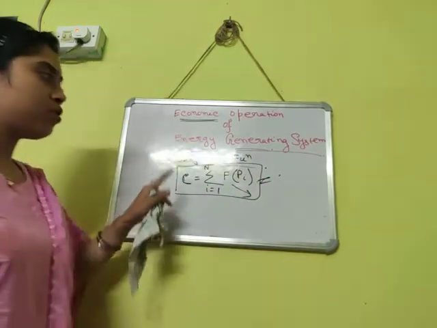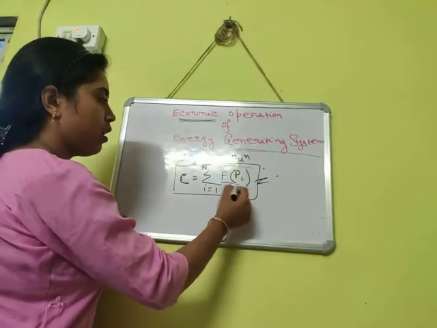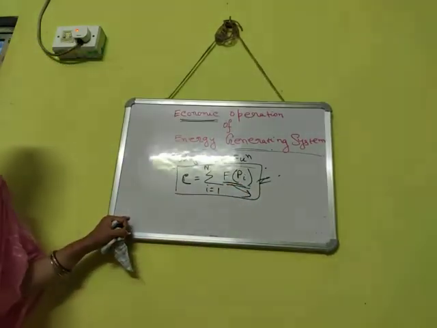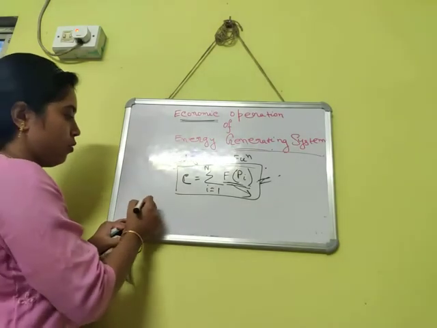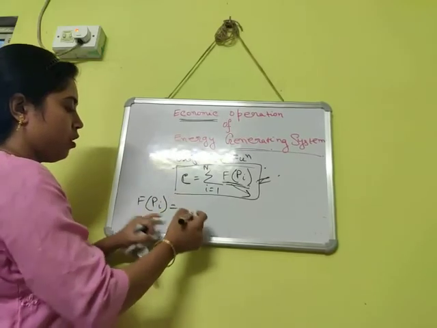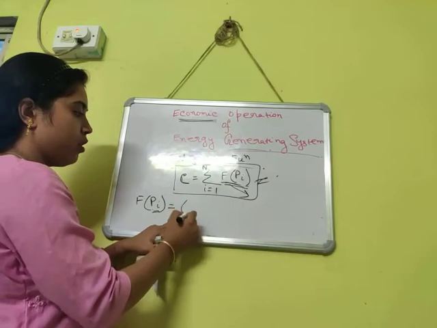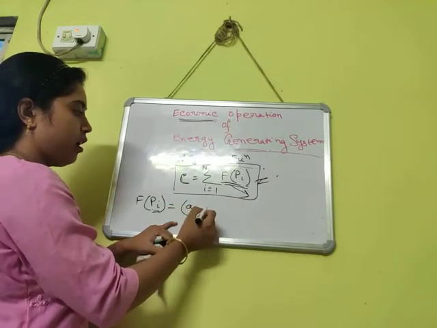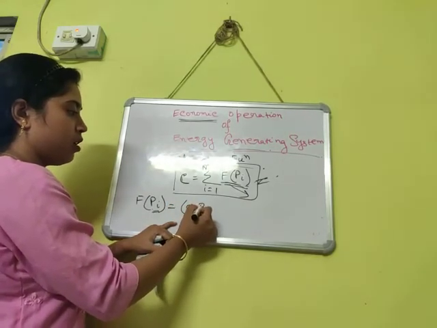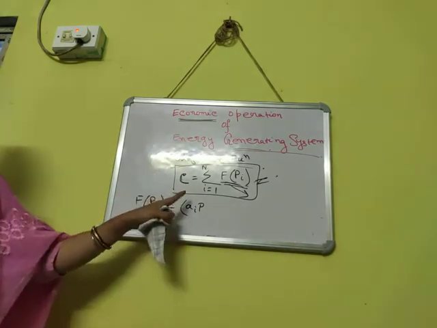Our aim is to minimize that objective function, where Fi(Pi), for the ith generating unit, will always be a quadratic function.